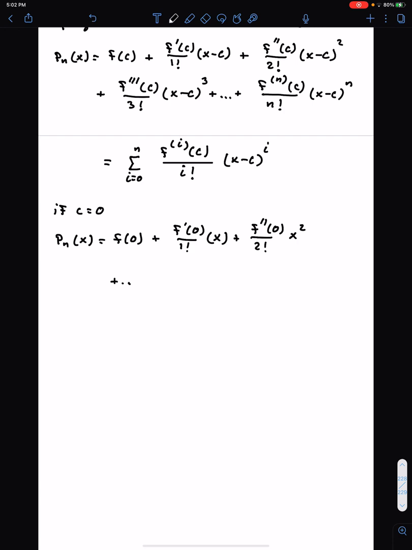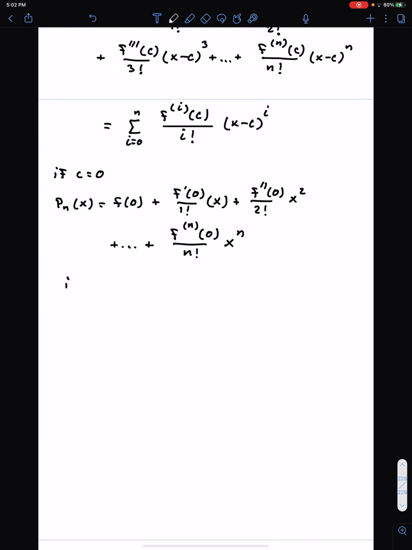And this pattern continues, plus f n at 0 divided by n factorial x to the n. This is called the nth Maclaurin polynomial.